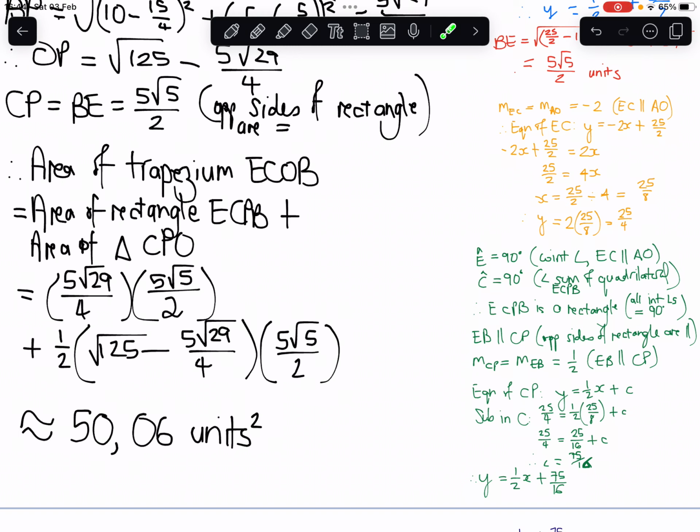Then we subbed in the coordinates of C, which we had found to be 25/8 and 25/4. So y is 25/4 is equal to a half times 25/8 plus c.